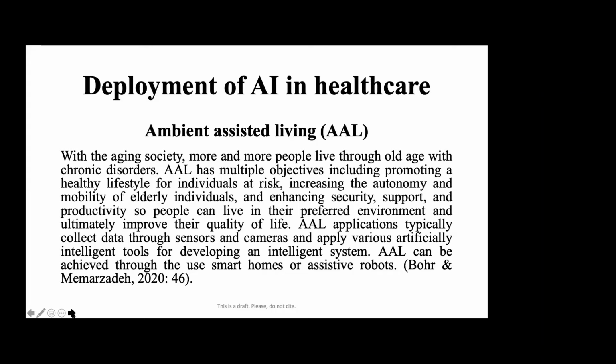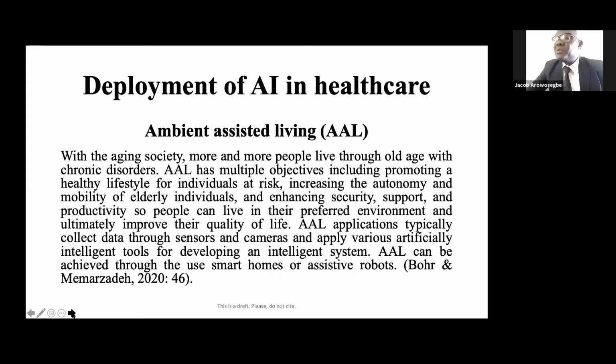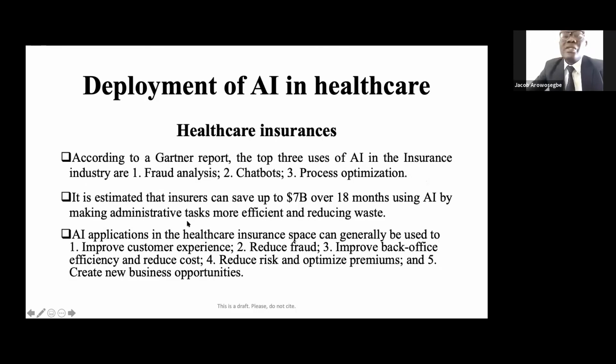This can be achieved through what are referred to as smart homes, where we have AI-enabled devices in the home of a patient, to monitor the patient and also assist the patient to live a good life. And then we also have assistive robots. Then, of course, the area of healthcare insurance is also relevant.